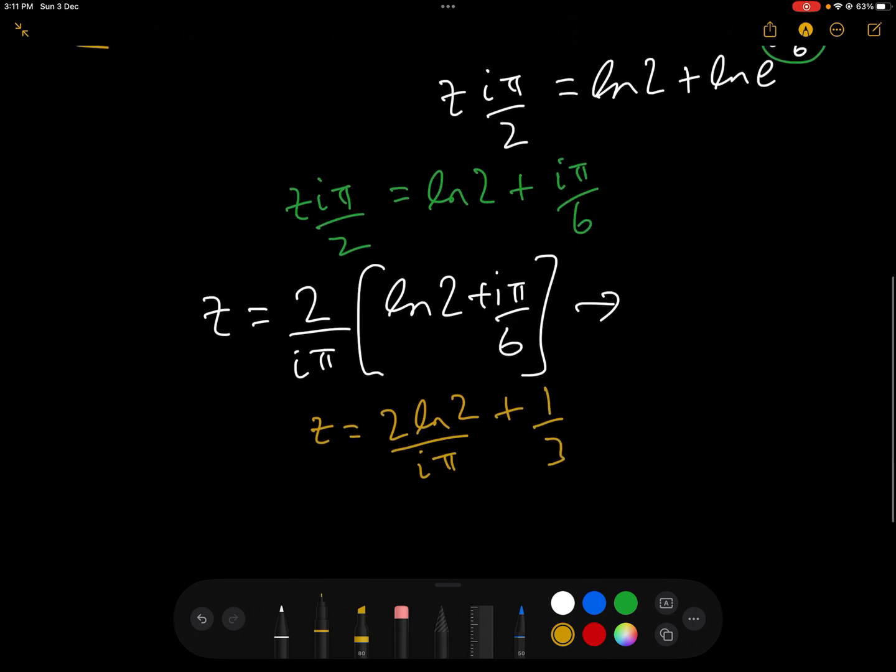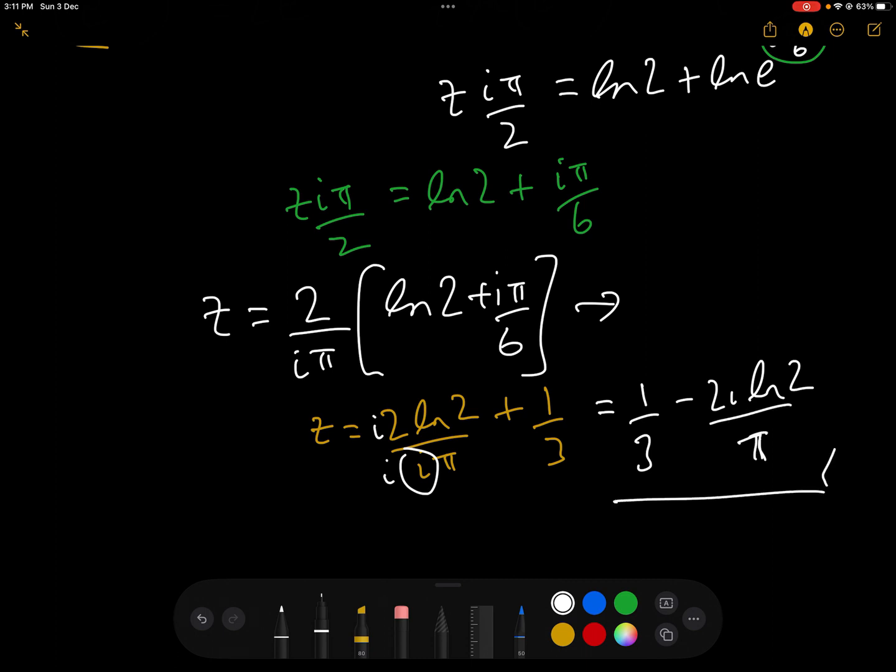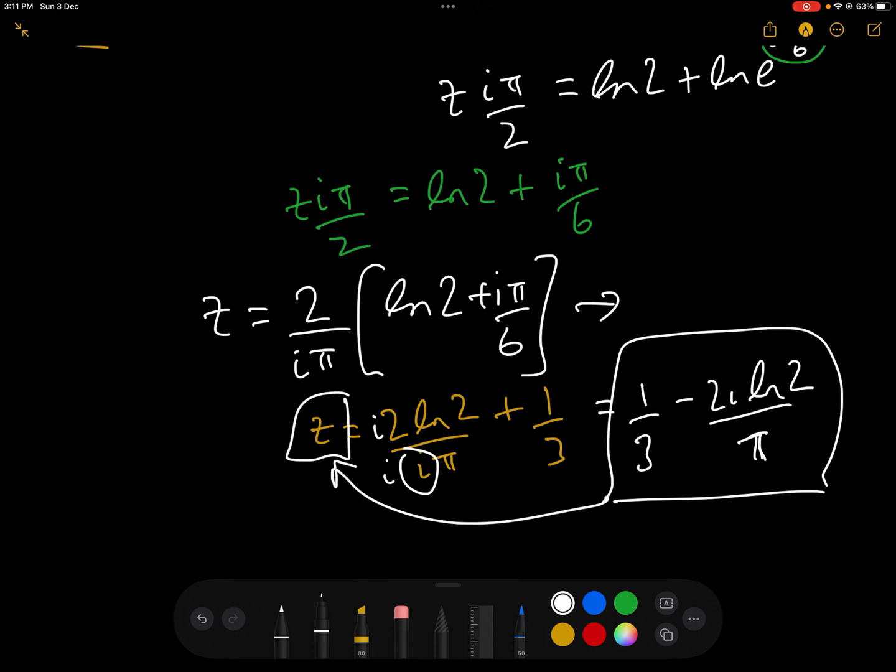And some people think it's a little bit uncouth to have the i left on the bottom, so let's multiply top and bottom here by i, and that will give us 1/3 minus 2i log 2 over pi, and that is the answer to the equation. Okay, simple.